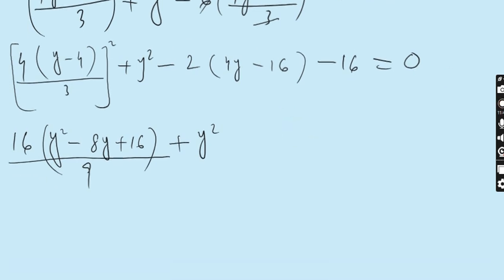Minus 2 into 4y is minus 8y. Minus 2 into minus 16 is plus 32. Minus 16 is equal to 0.